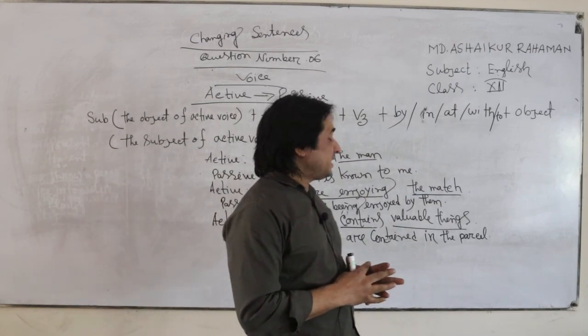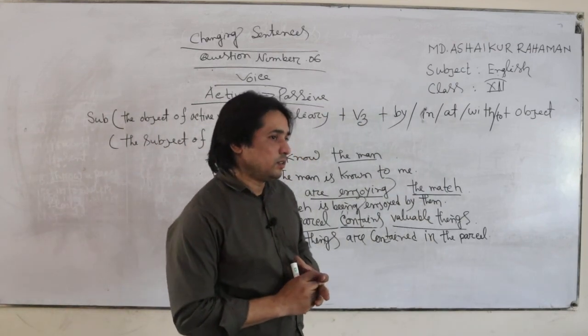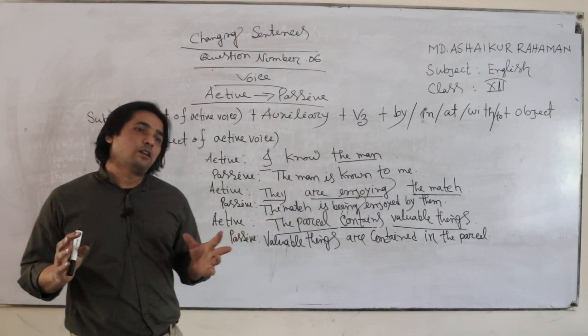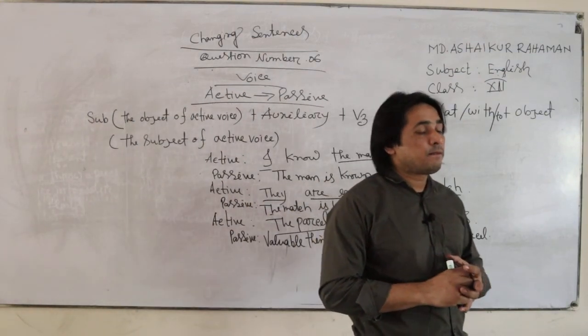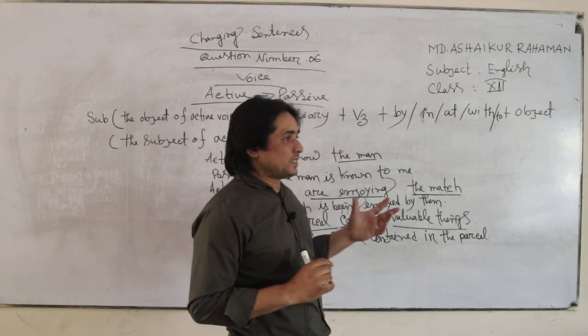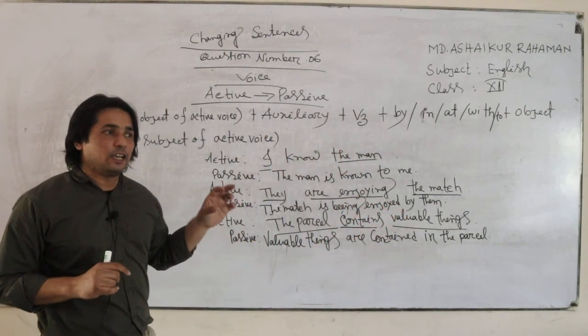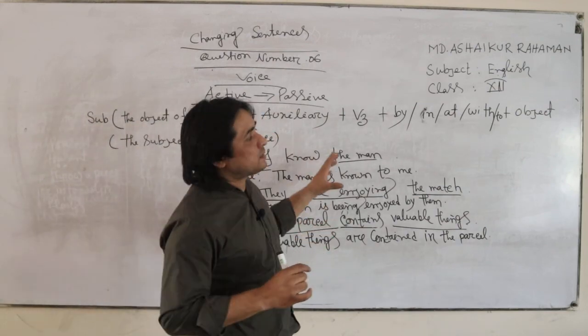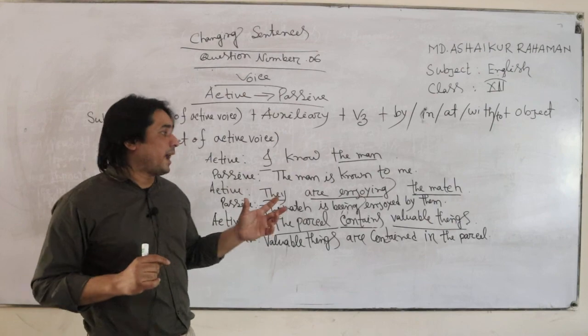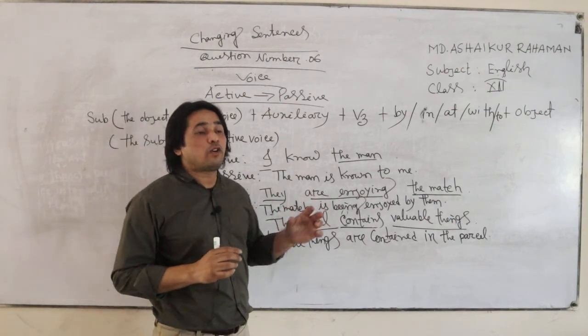For changing a sentence of active voice into passive, we need to learn the tenses. We need to learn the tenses that I gave in one of my previous classes, and we must select the right auxiliary necessary for the sentences.